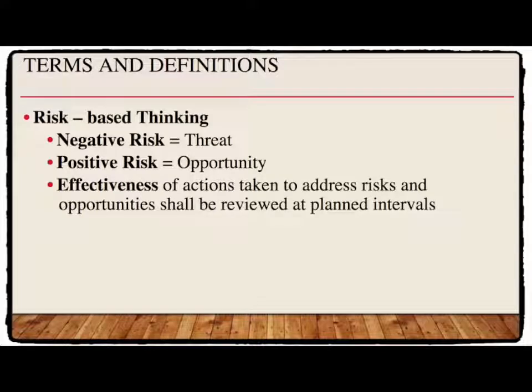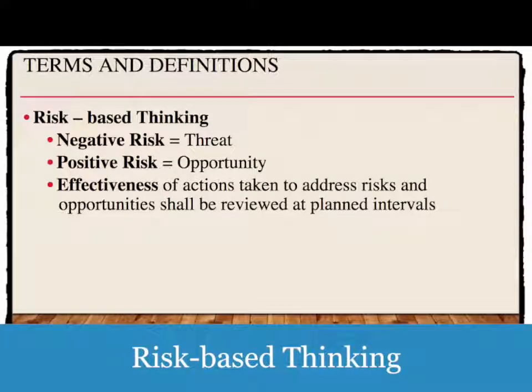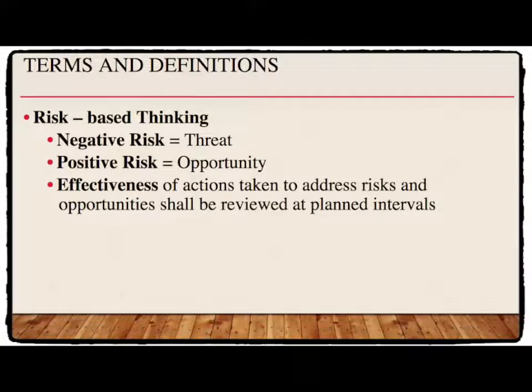The idea is to exploit positive risk or opportunity as much as the organization can. The effectiveness of actions taken to address risks and opportunities should be reviewed at planned intervals. Risk-based thinking is now found throughout the new ISO standard.